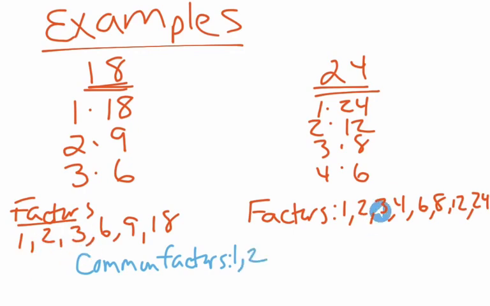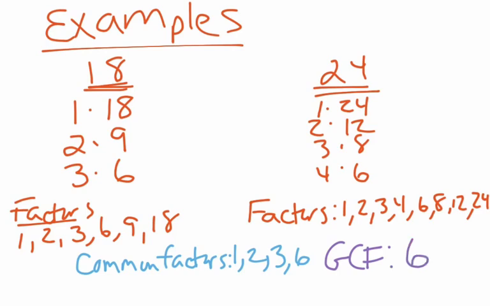They have a common factor of 3. Let's see, they have a common factor of 6. And not 9 and not 18. So when you look at the list of common factors, the greatest common factor would be 6.